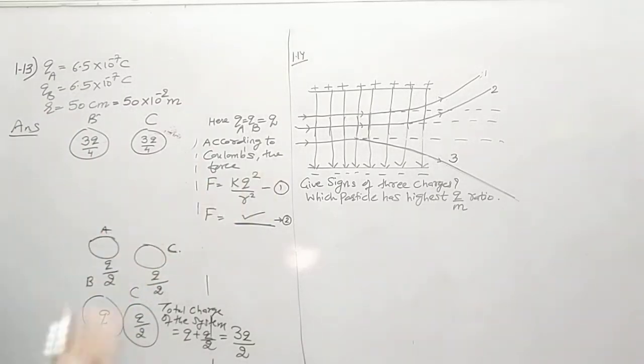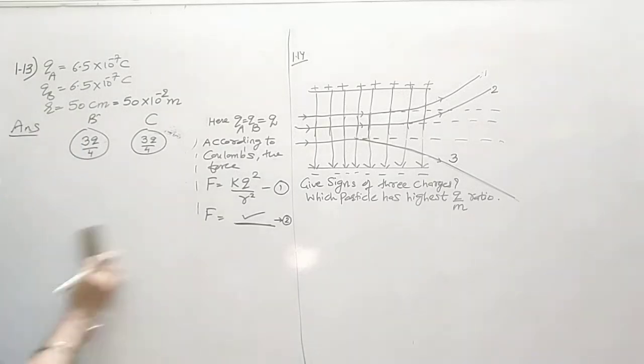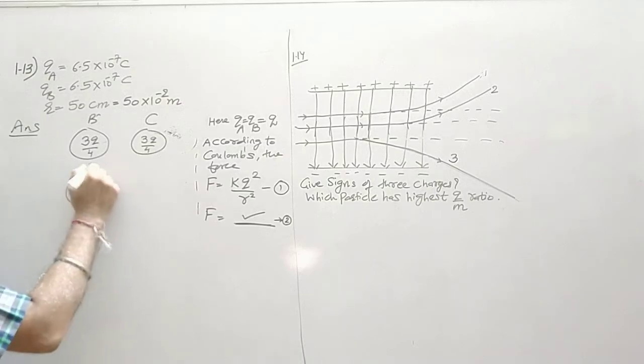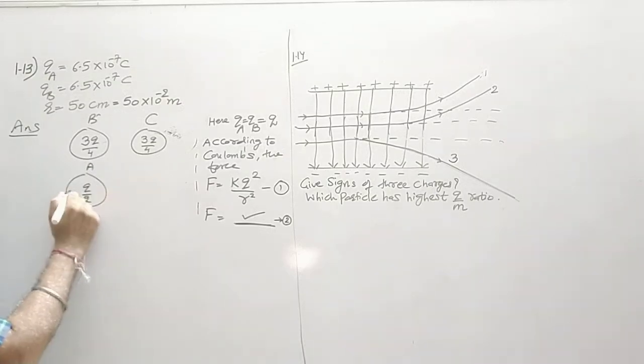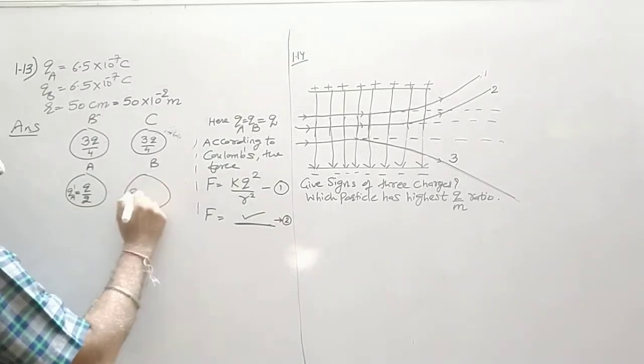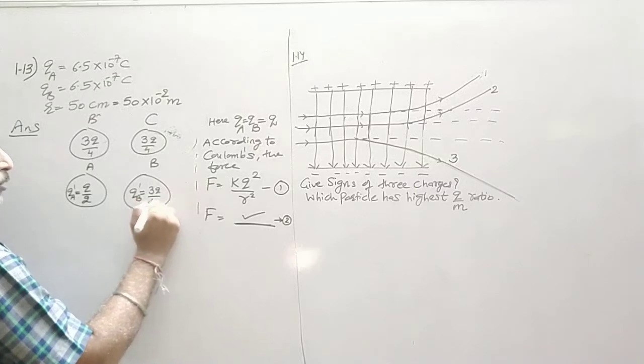Now C is removed away and A and B are kept at the same separation. So now A will have Q by 2. Let this value be QA dash. And B has a value of QB dash equal to 3Q by 4.